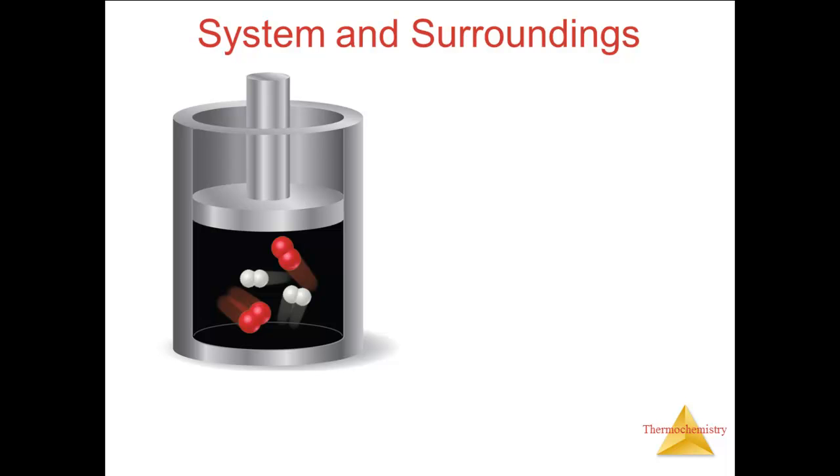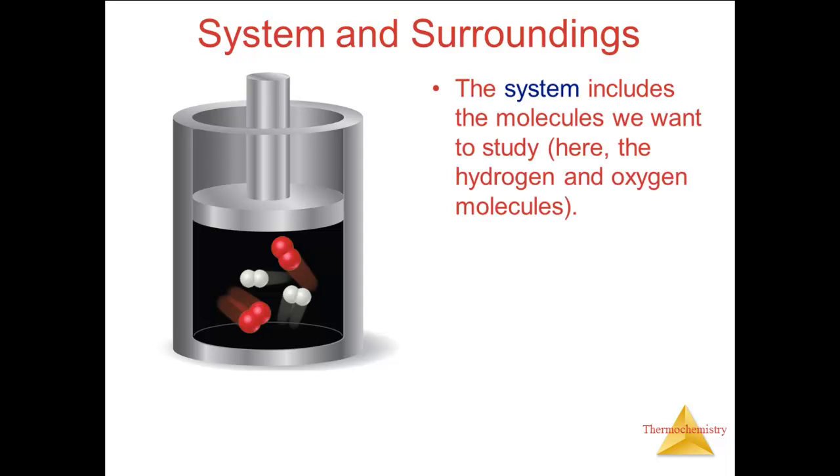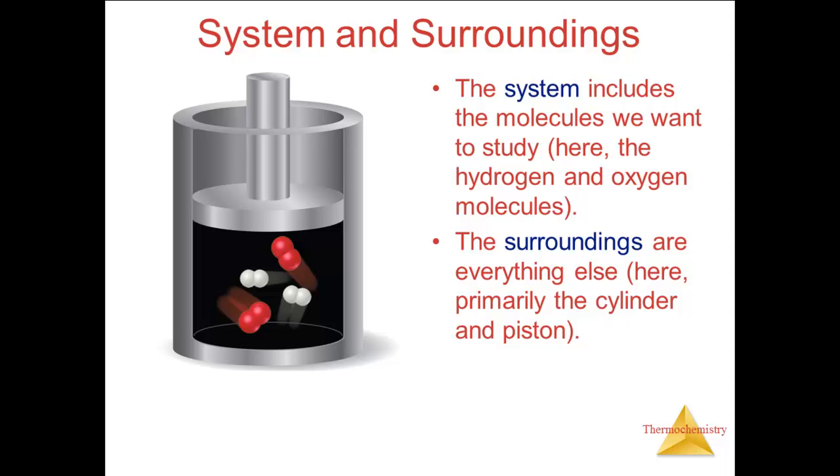The universe is divided into two parts so that we can talk better about the changes in energy that occur. The system is the part of the universe that we are interested in. It includes the molecules and other stuff we are looking at. The surroundings are the rest of the universe.